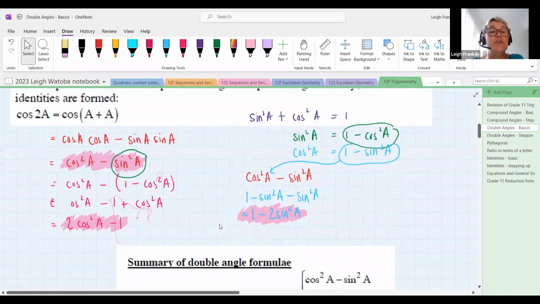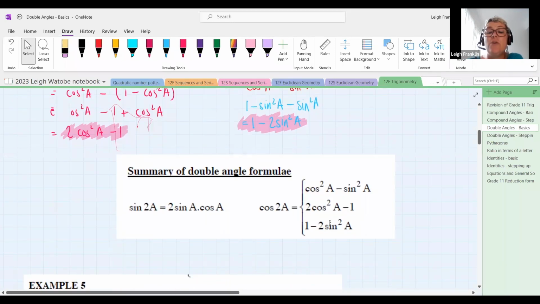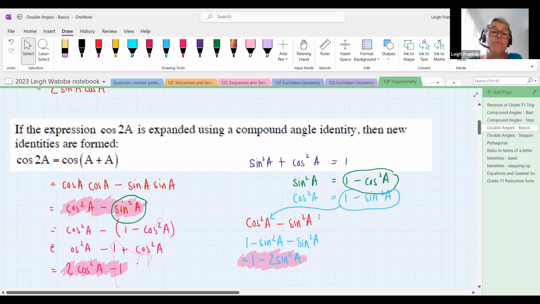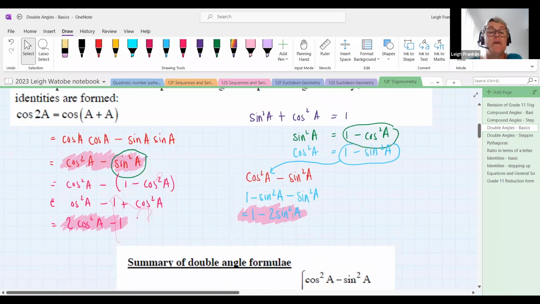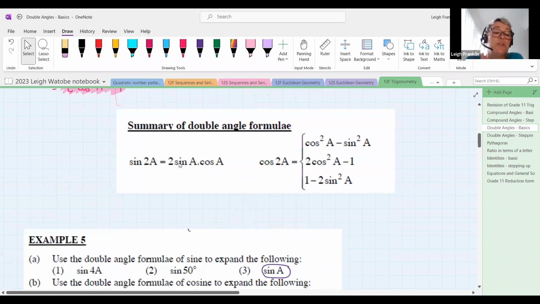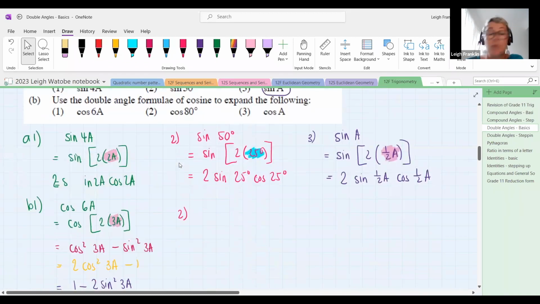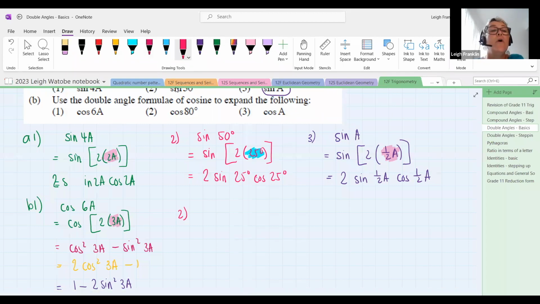I just decided to do that so that, instead of you just being told that this is what it's equal to, you actually understand where it comes from. I think that things are easier to understand when we see the reason behind why they are the way they are, rather than just learning something because your teacher told you to. But no, they won't ask you for how these are derived.